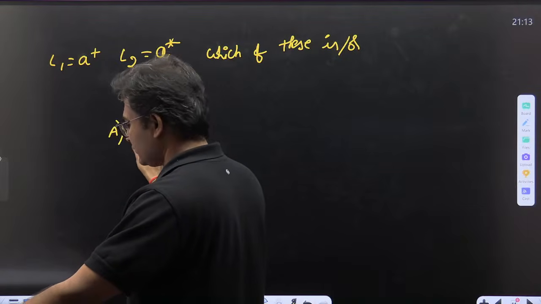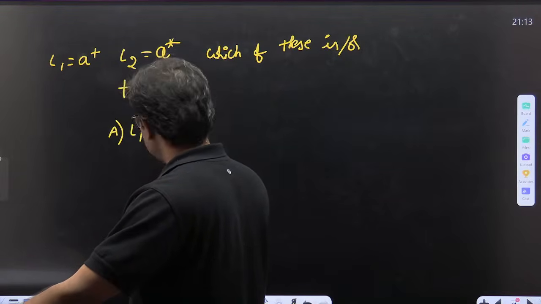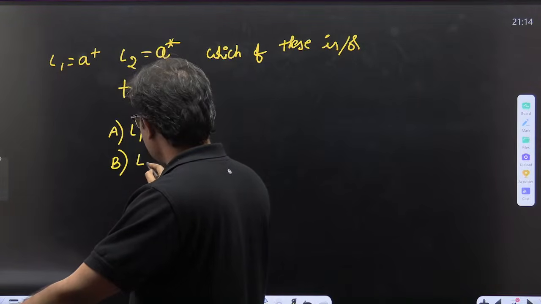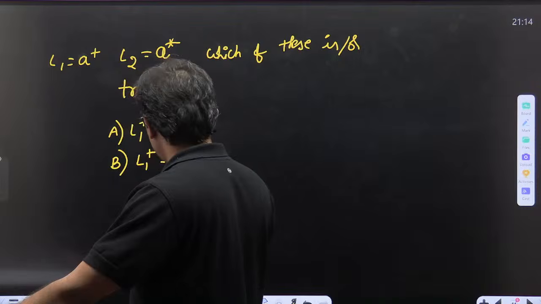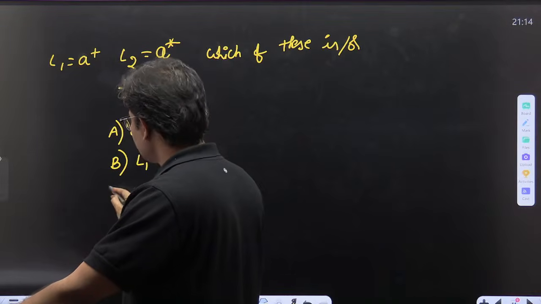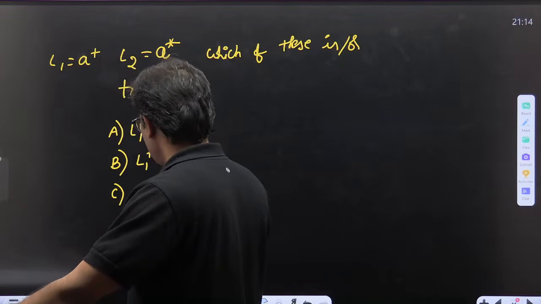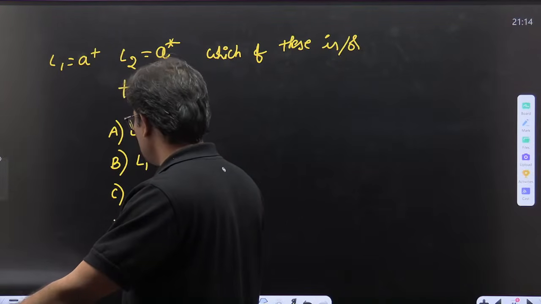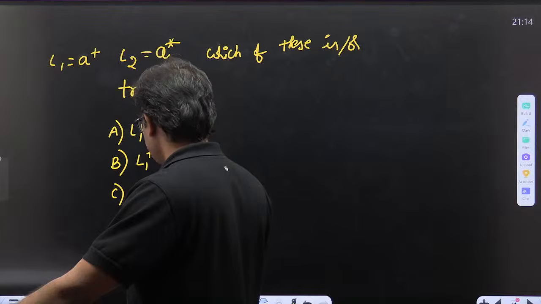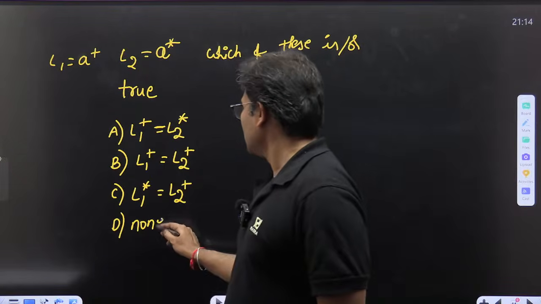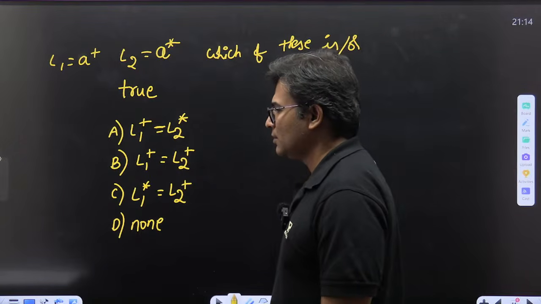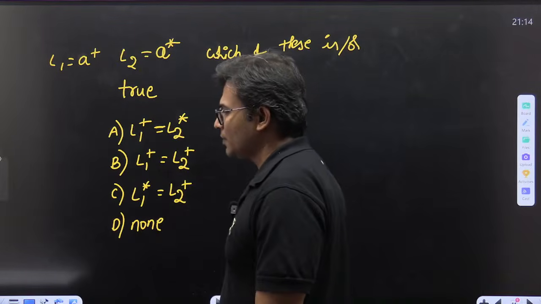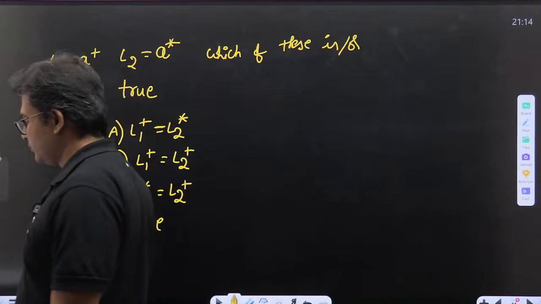A, L1 plus is equal to L2 star. B, L1 plus is equal to L2 plus. C, L1 star is equal to L2 plus. D, none.